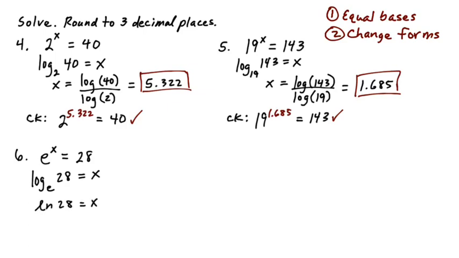We use ln, so it'll be ln of 28 equals x. And that's one of our logs that's on the calculator. You can put that into your calculator and you get 3.332. And so when you check that, you can verify that that does work.